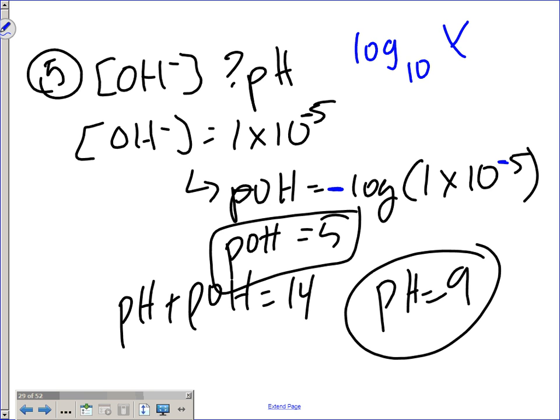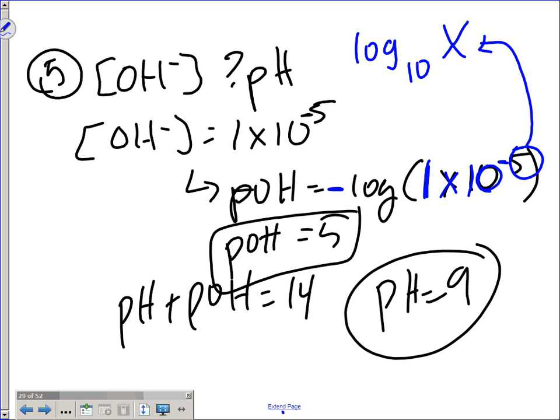So log logic is if you have 1 in the front times 10, which is our base 10, you're basically saying that this exponent is x. If it's 1 times 10 to the blank, that exponent is x. That is the pH, whatever we're solving for.